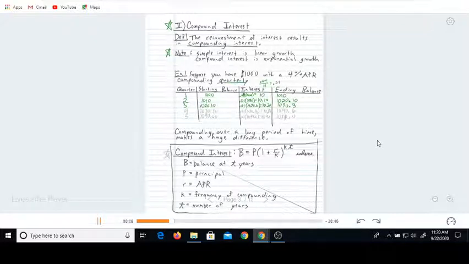And you can see the idea here. Each quarter, it's just going to be a little bit more, and it's speeding up, speeding up, speeding up. So it's not linear growth. Right? If it were linear growth, it'd be an increase of $10 every quarter. That's not what's going on here. It's $10, then it's $10.10, then it's $10.20.